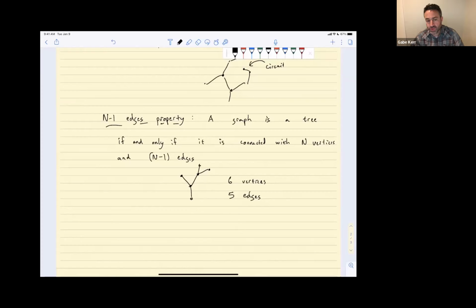Let's say I have a tree, and it has n vertices. How do I know there are n-1 edges? One less edge than the number of vertices. Any thoughts?